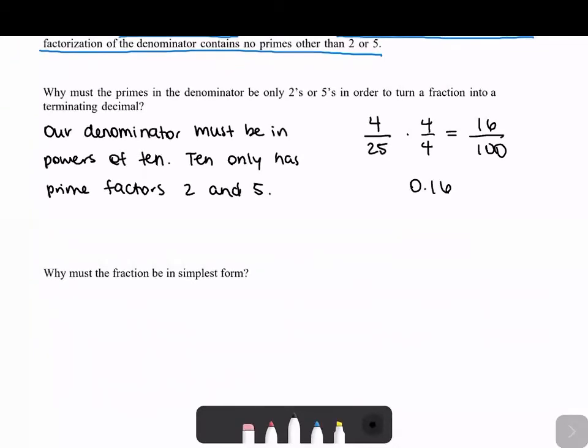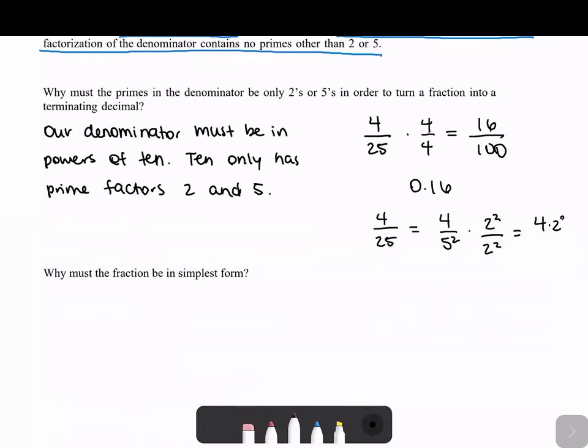But that's only possible because 4 over 25 is also written as 4 over 5 squared. The prime factorization of the denominator only has 5s, and so in order to get it to be a power of 10, we just have to add 2 2's. So we multiply by 2 squared over 2 squared.